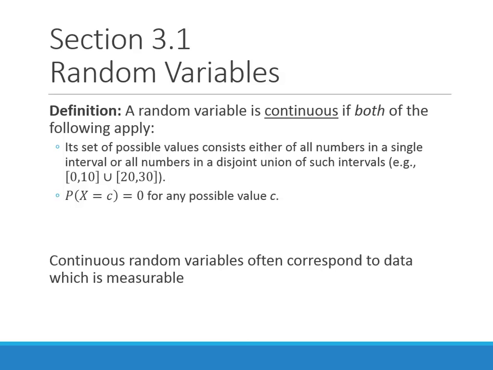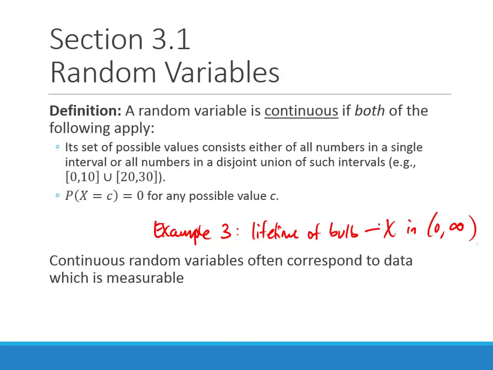And so this would be example 3, with the lifetime of a bulb. We saw that x needs to be in 0 to infinity. So the range of values I have there is some interval 0 to infinity, and therefore it's a continuous random variable.